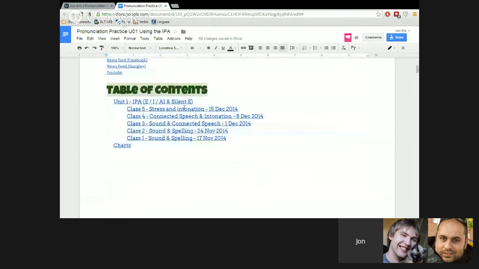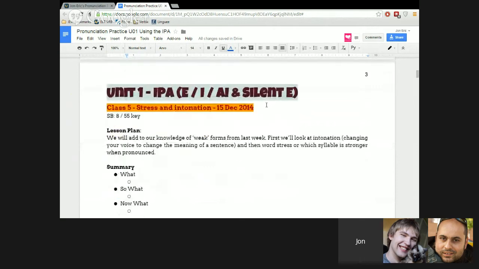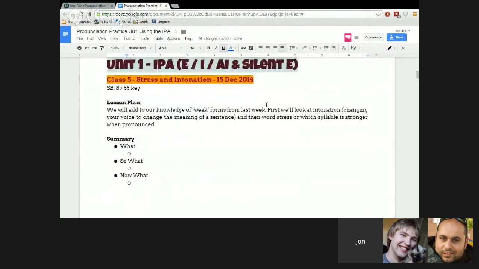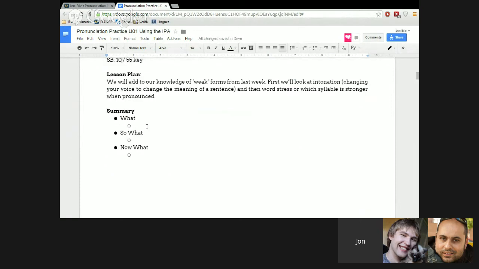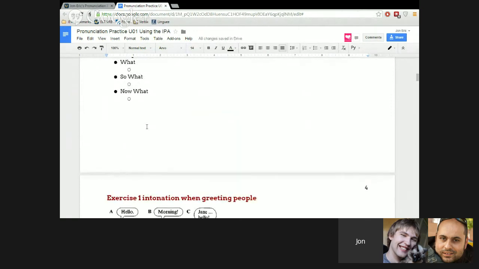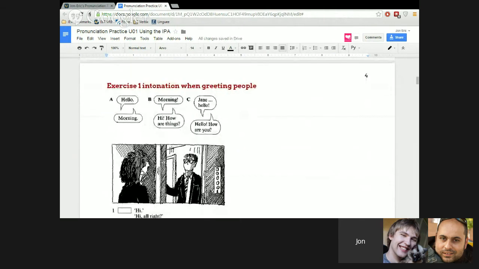You'll see the table of contents. We're in class 5 out of this unit, 5 of 5. You can either click that or just scroll down to the next page because that's where it begins, on page 3. So we just read out the lesson plan, so I think we should just get started. I'll be putting a summary at the very end, so you can always go back to the class and remember what we did.